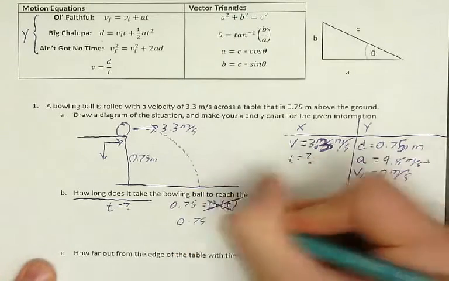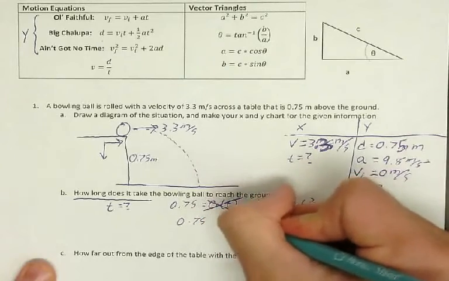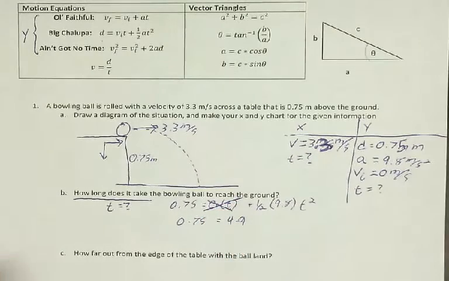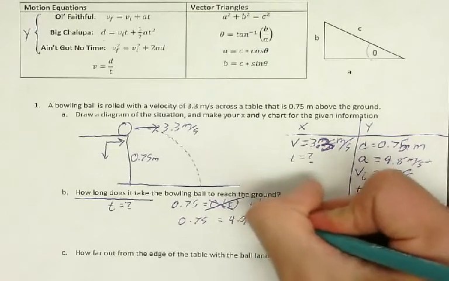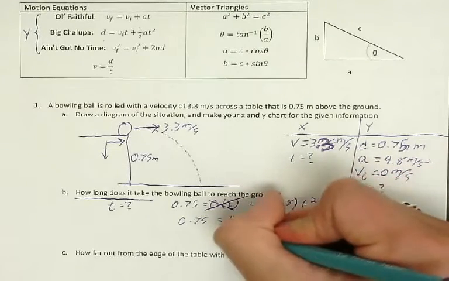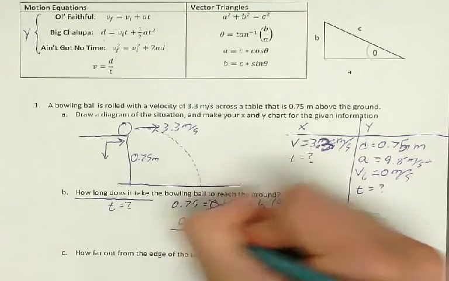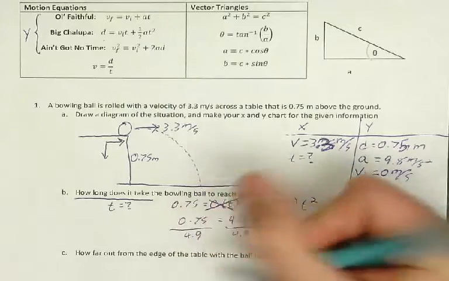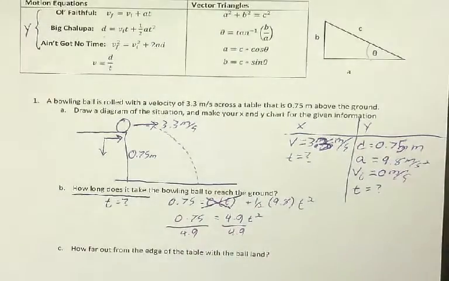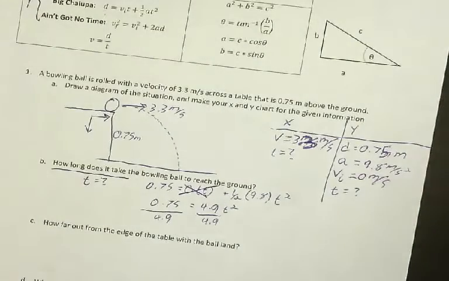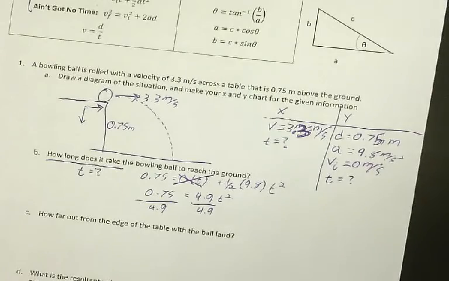Half of 9.8 is 4.9 times T squared. Divide the 4.9 to both sides. When you do that, 0.75 divided by 4.9, you get 0.15.